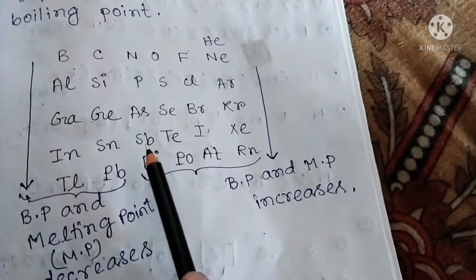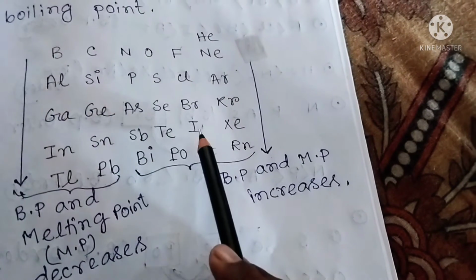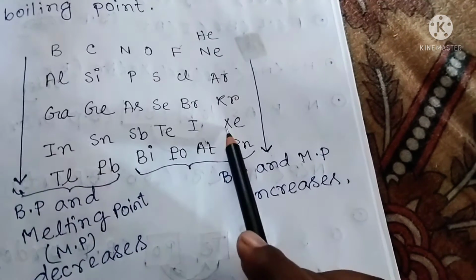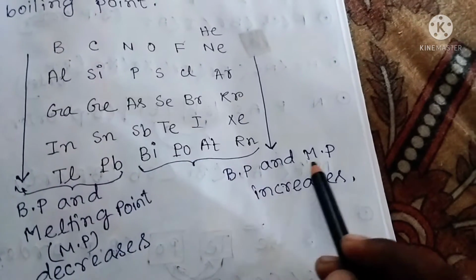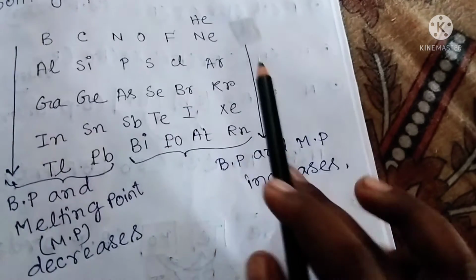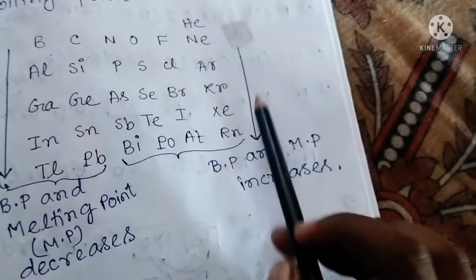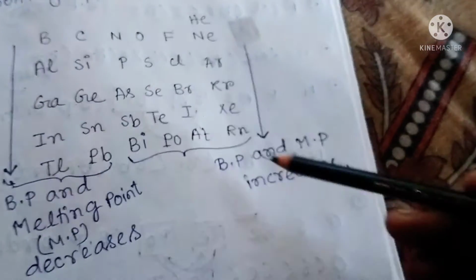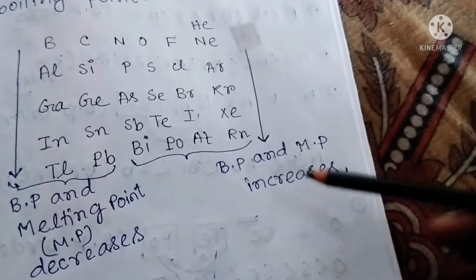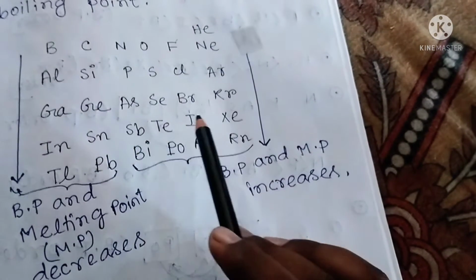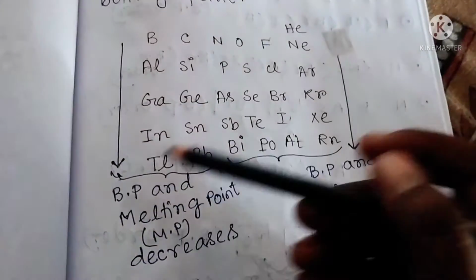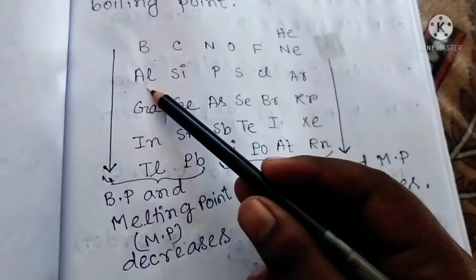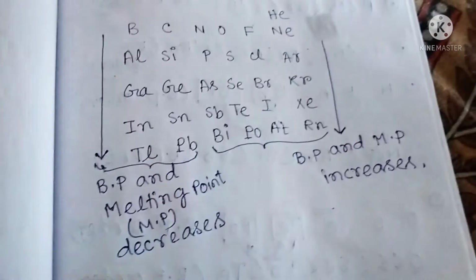Now, for nitrogen, oxygen, halogen and noble gases, boiling point and melting point increase along the group. From here to here, boiling point and melting point increase for nitrogen, oxygen, halogen and noble gases, and boiling point and melting point decrease for boron and carbon family.